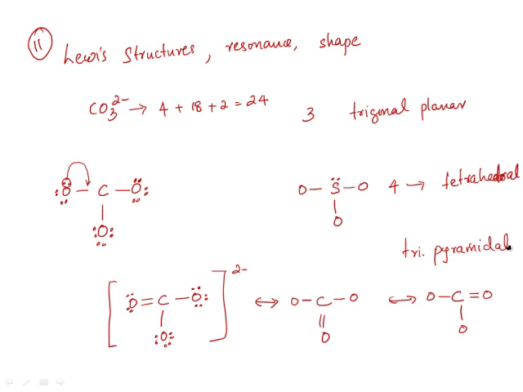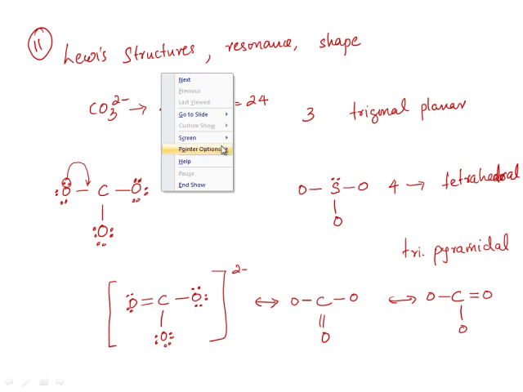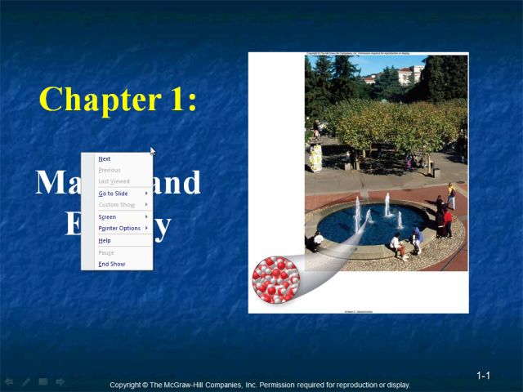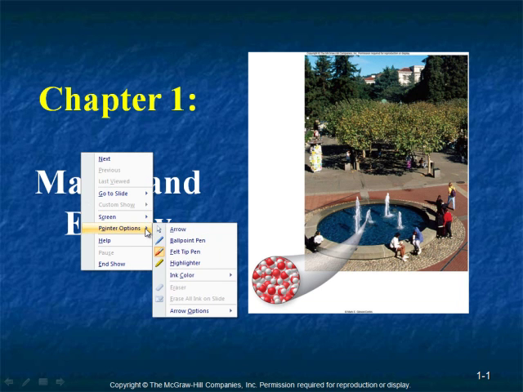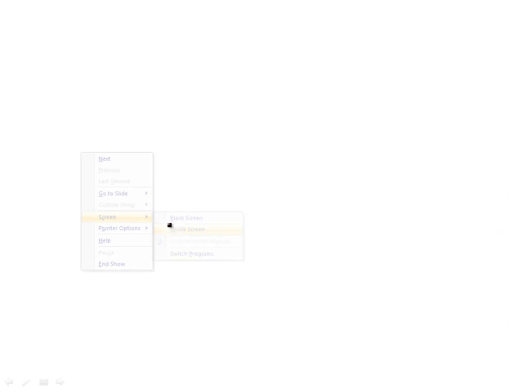Okay, what else? That was number 4. Number 5 is question number 12, molarity converting to grams and moles. Which chapter was that from? That was after the exam, so it must be from chapter 11. Yeah, it should be in 11.